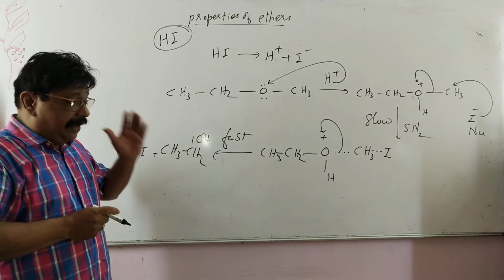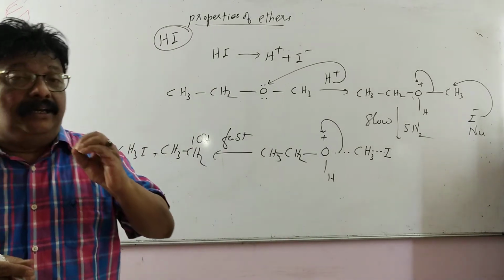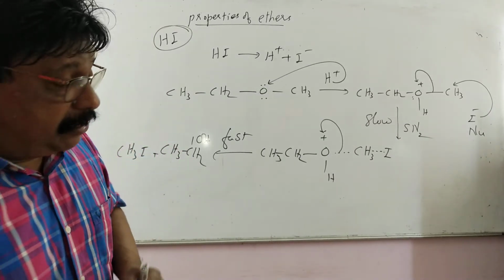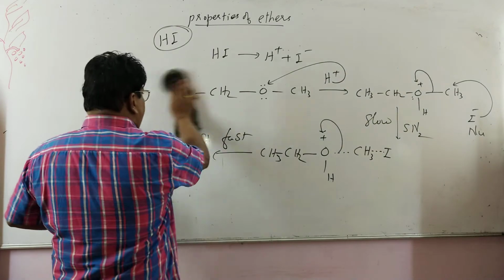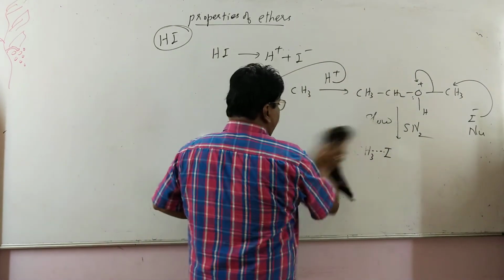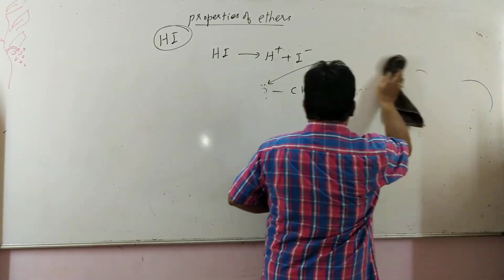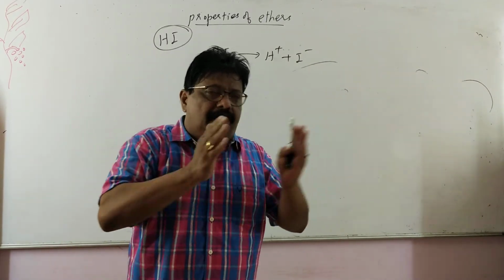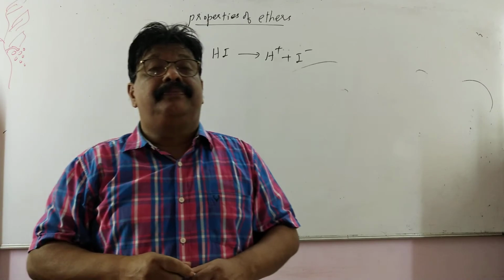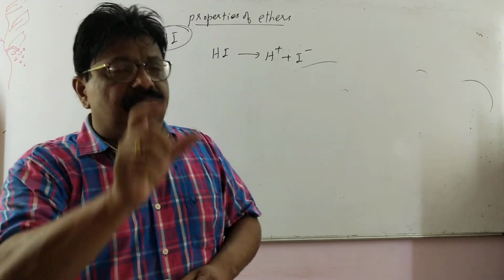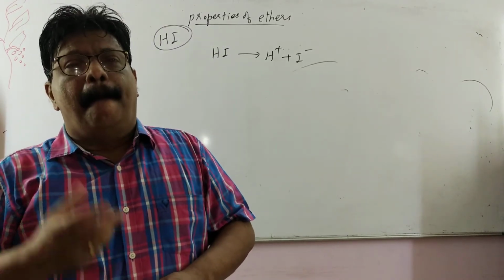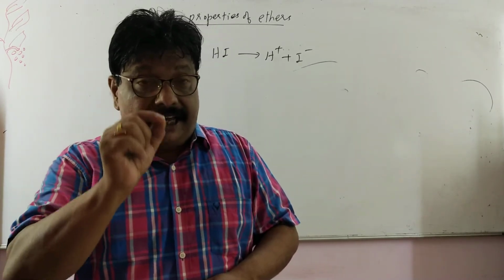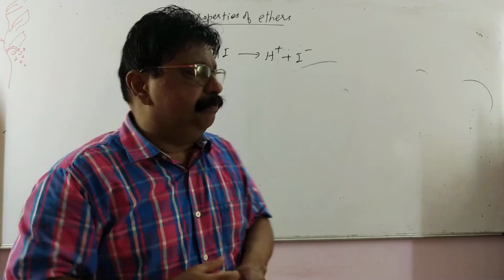This is the mechanism with the lower alkyl group containing ethers. But if the ether contains a tertiary alkyl group, then I minus will go with the bulkier tertiary alkyl group through SN1 mechanism.